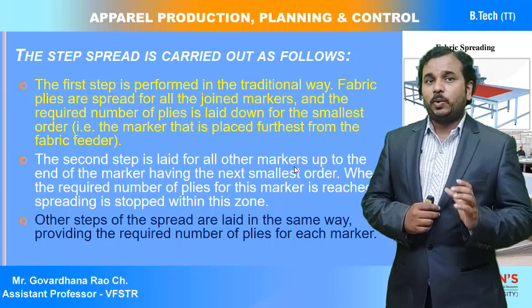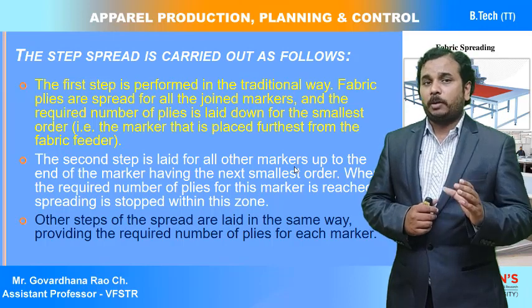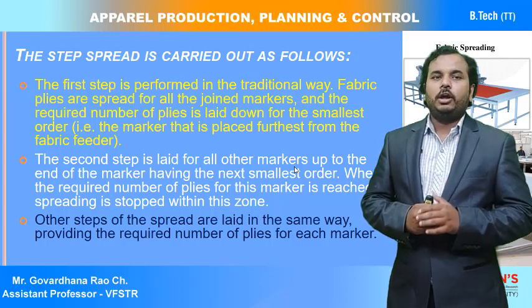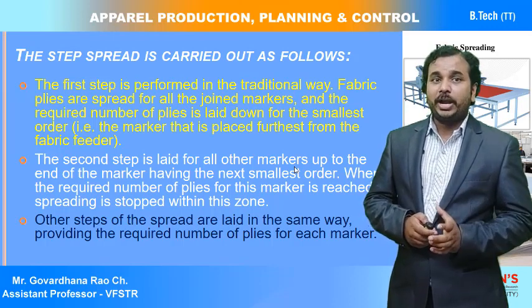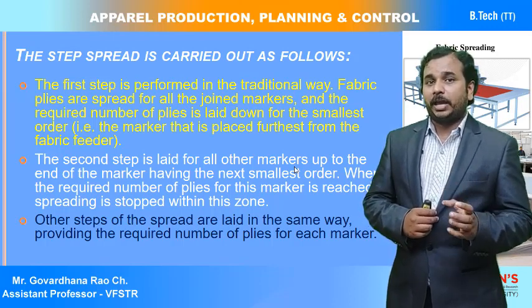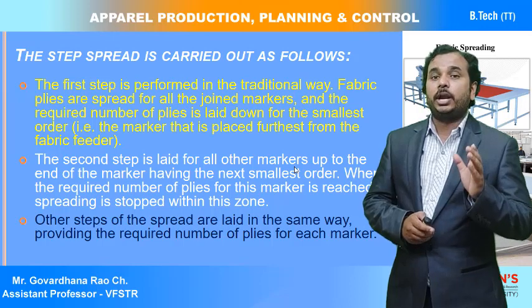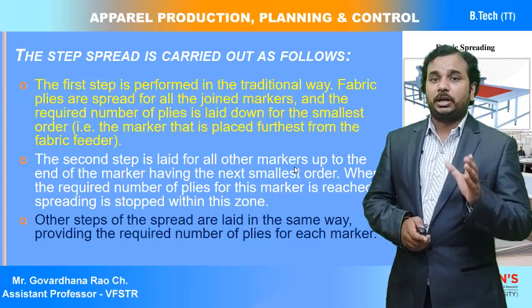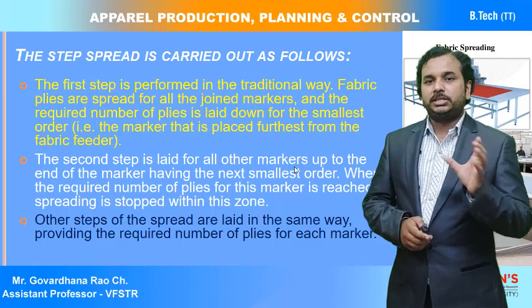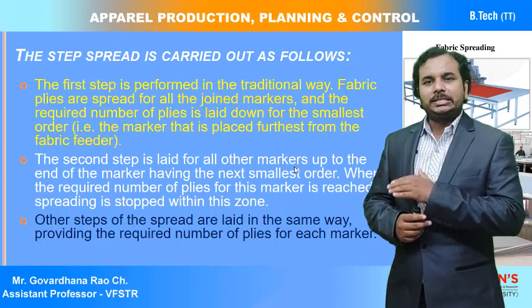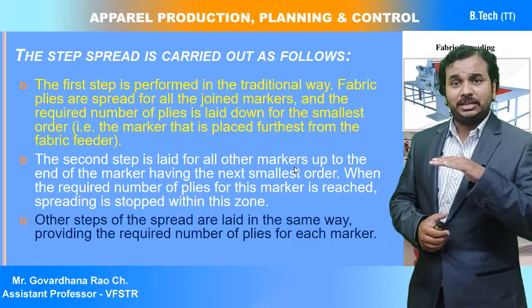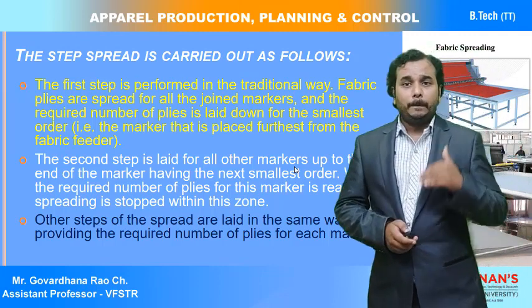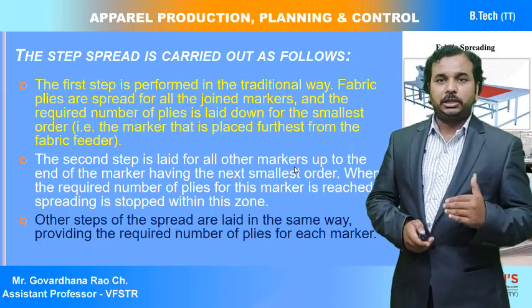When the required number of plies for this marker is reached, spreading is stopped within this zone. Other steps of the spread are laid in the same way, providing the required number of plies for each marker. That is why I told you 50 pieces, 30 pieces, 10 pieces. The least order is spread first, then the second least, then the third least, and we spread the fabric in that manner.